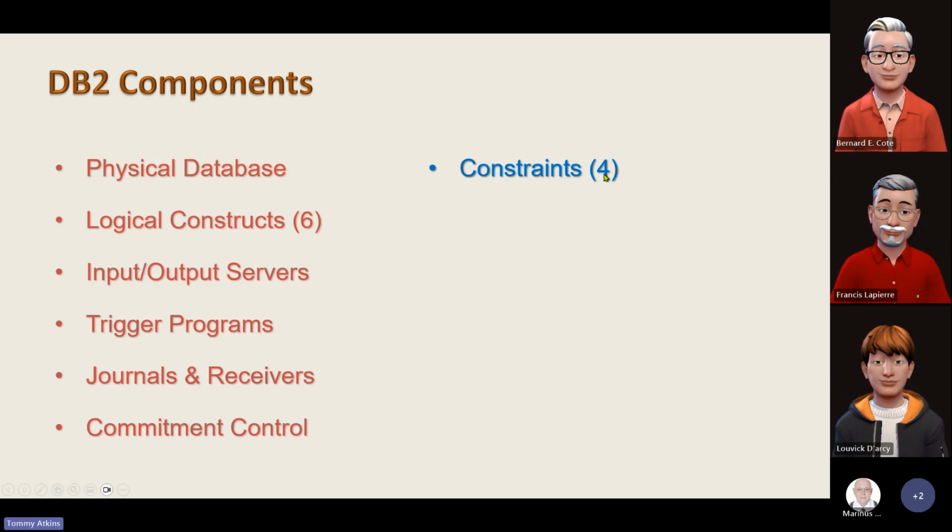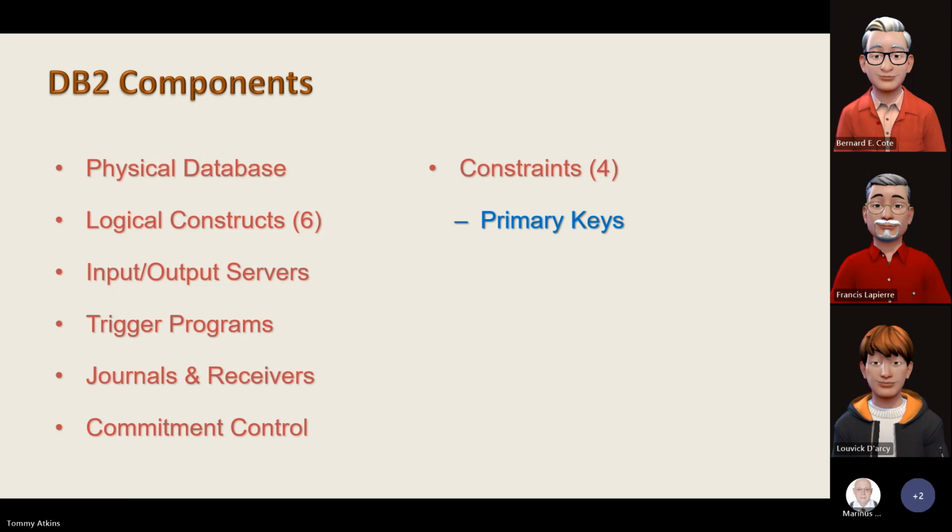There are 4 constraints. The first one you're pretty familiar with. These are primary keys.